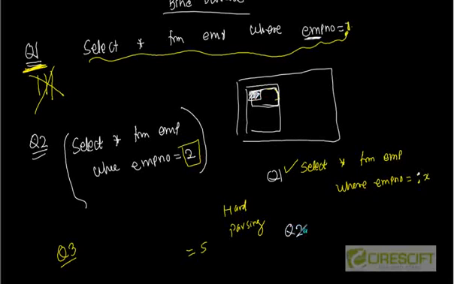At runtime it asks what the value of X is, and the user gives X equal to 1, because he wants 1. Then a second user does exactly the same query, select star from EMP where employee number is equal to :X. But whenever asked for the value of employee number, user number 2 gives 2.